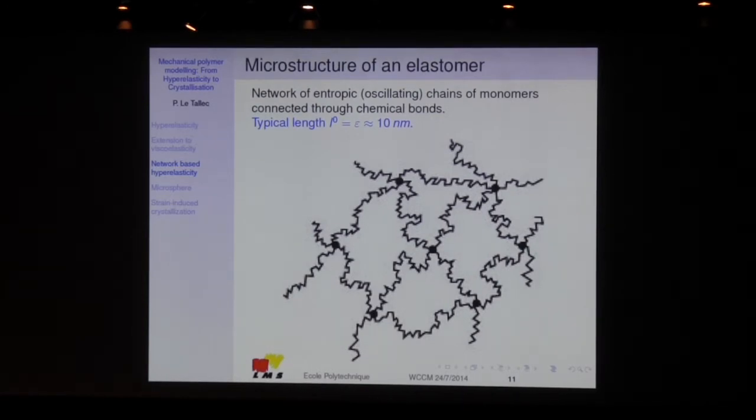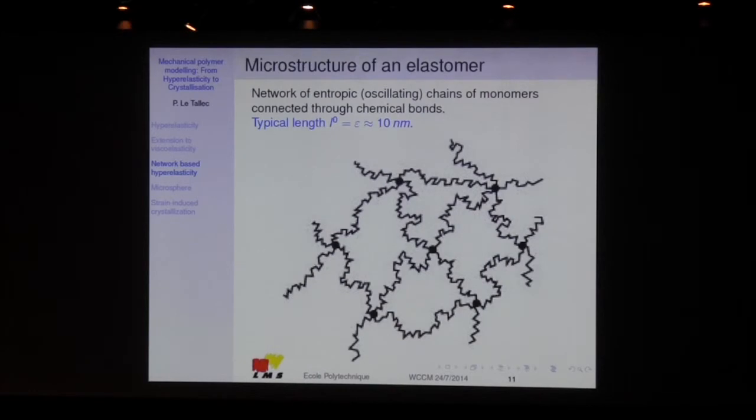An elastomer at the network level is a succession of polymeric chains which oscillate in a gel, let's say, and which through vulcanization are connected through chemical bonds at certain points at every L0 length. The typical length is 10 nanometers.